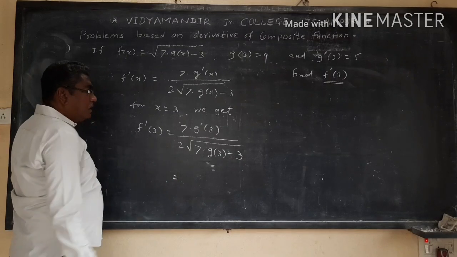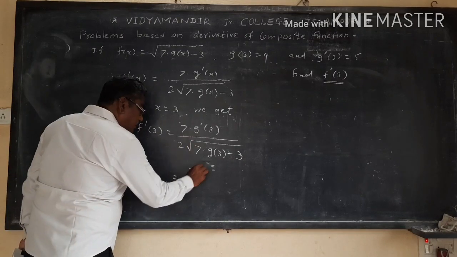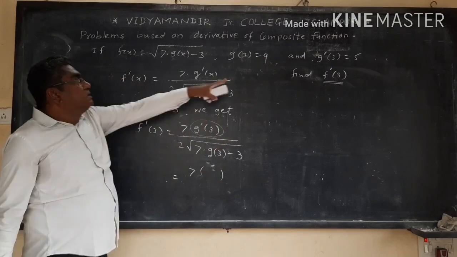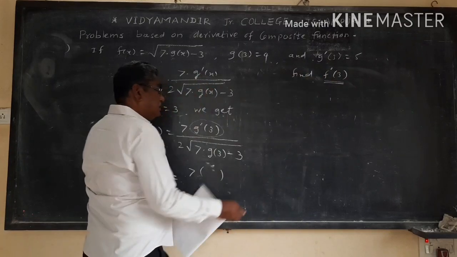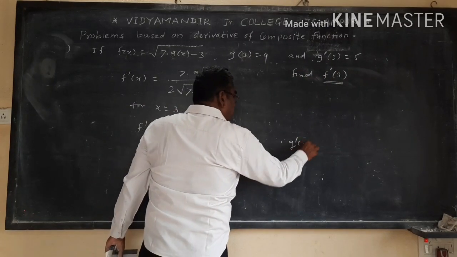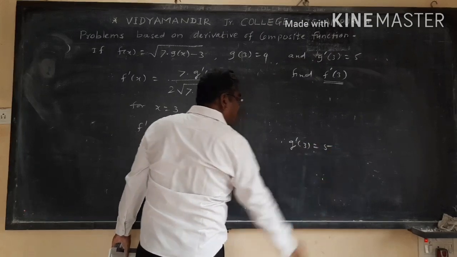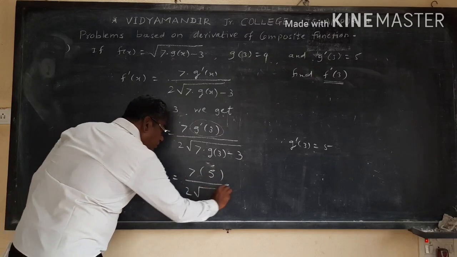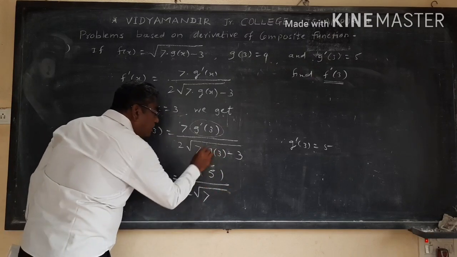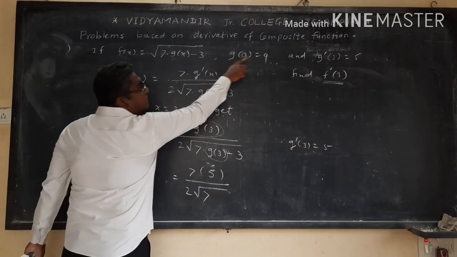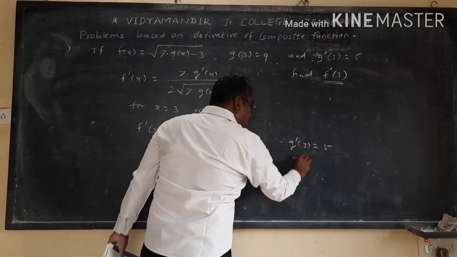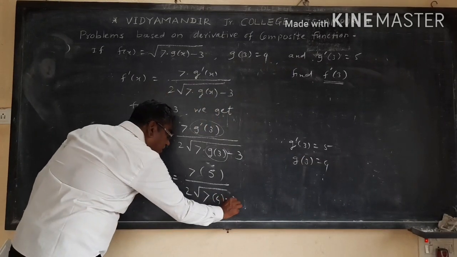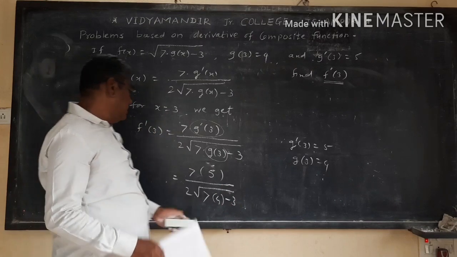Here 7 into g dash of 3, and g dash of 3 equals 5 since given. Then 2 root of 7 g of 3, given that g of 3 is 4, which is 7 into 4 minus 3.